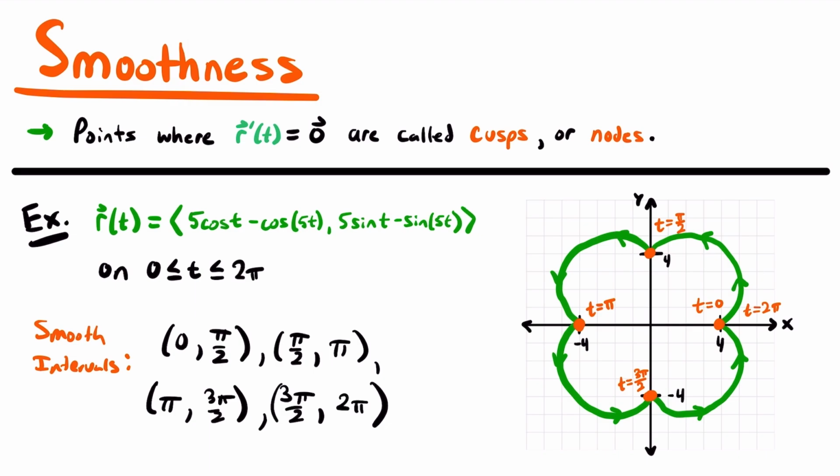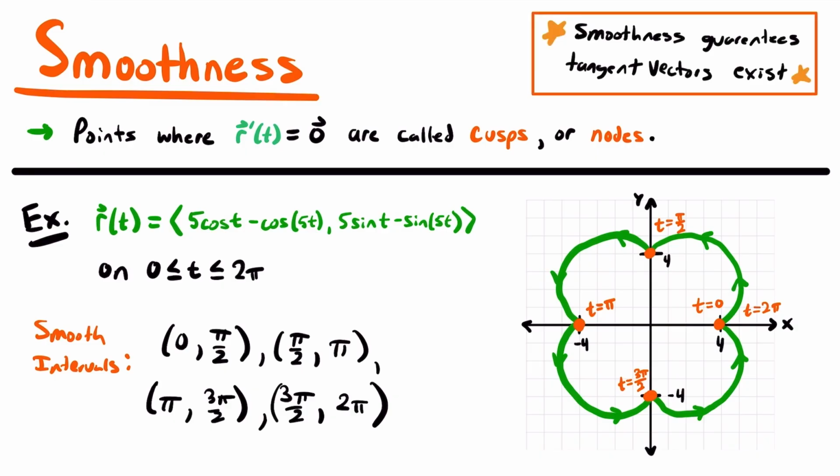So that's something else that you want to keep in mind. If a curve is smooth at a value of t, that guarantees that a tangent vector exists at that point. Okay, but with that, that is everything you need to know conceptually about the smoothness of plane curves and space curves. But now let's actually take a look at some examples where we do the calculations to find intervals of smoothness for vector functions.